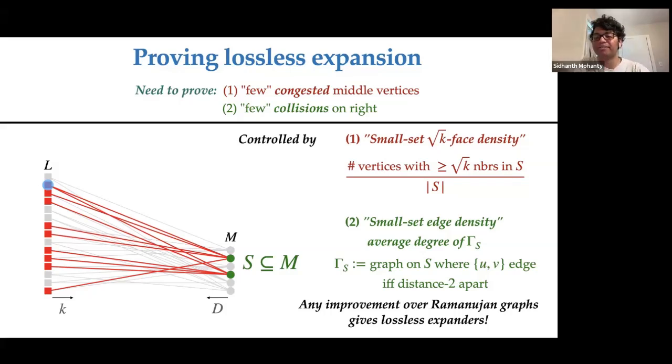The quantitative bounds for number 1 and number 2 that are satisfied by Ramanujan graphs are not enough, in the sense they would actually lead to a set with bad vertex expansion. But also, if you can give any sort of substantial improvement over Ramanujan graphs, then this would give you a lossless expander.